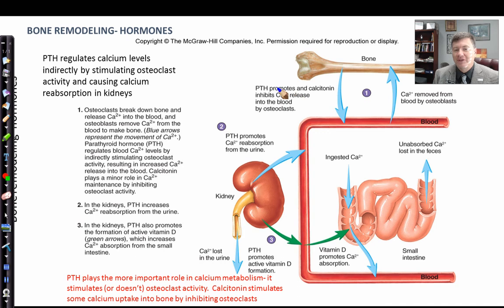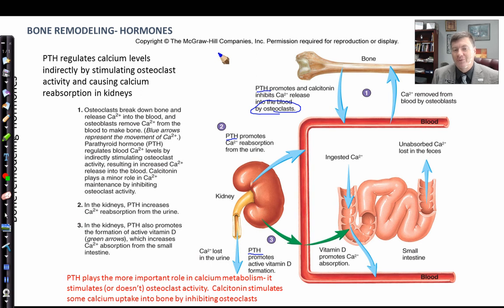So how does PTH work? It has three essential mechanisms, and you see them listed here. So we'll start with this one. PTH actually promotes the release of calcium from the bone because it will stimulate the production of osteoclasts. So let's say that your serum blood calcium level is a little bit low.